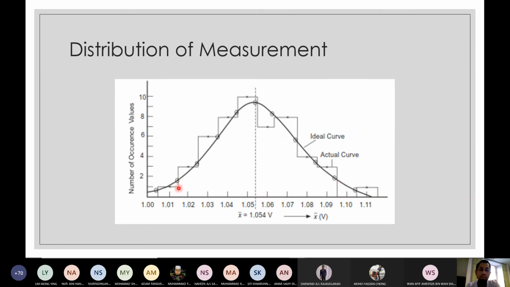But because this is only 51 times, we see that the actual curve is a bit different from the ideal curve. So we have the mean is 1.054, the value that we calculated just now, and then we have a standard deviation of the previous value times 10 to the power of minus 2.